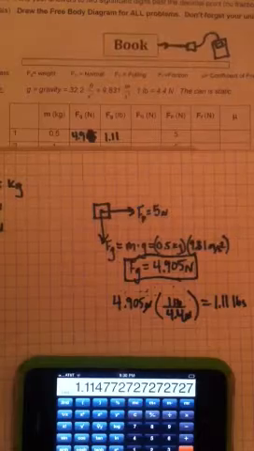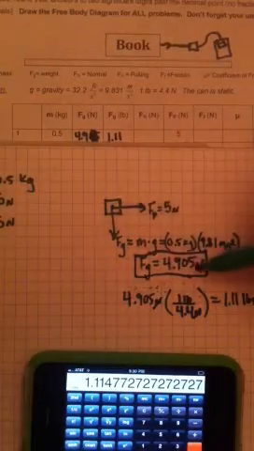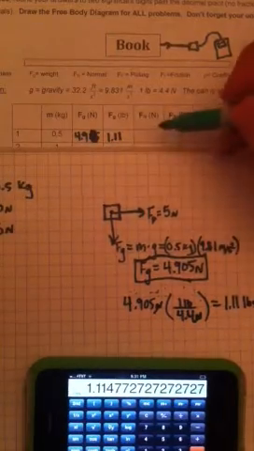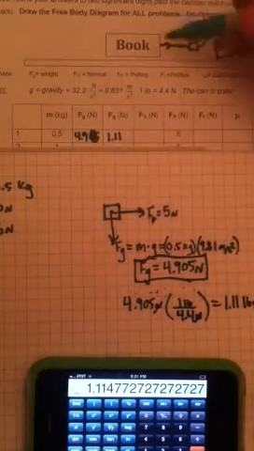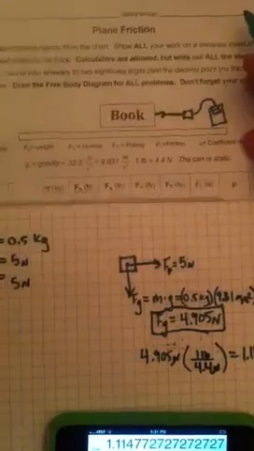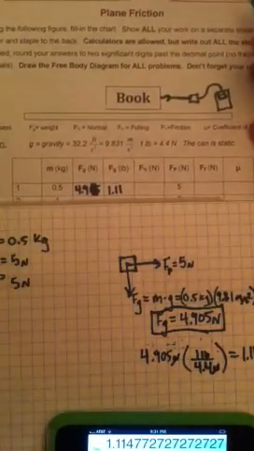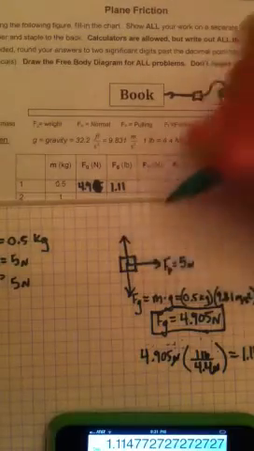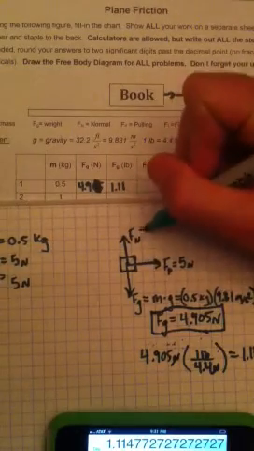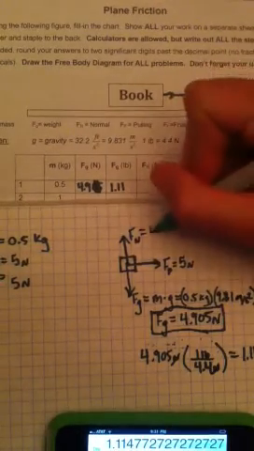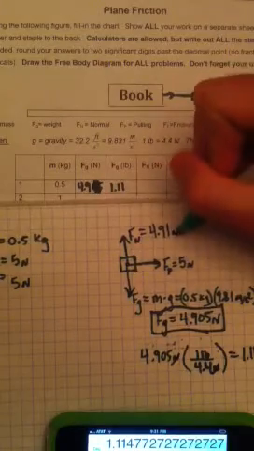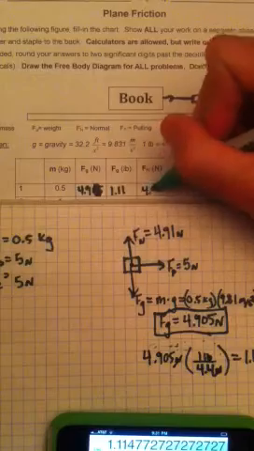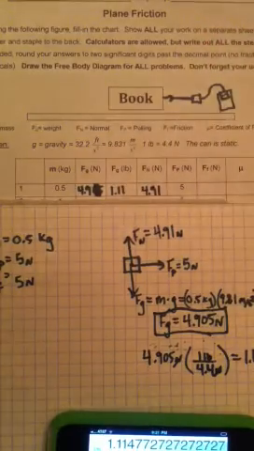So I'm going to go back to my sheet, 1.11 pounds. Okay, so if I have a force of gravity of 4.905 newtons, our normal force is the table pushing back up. Since this block that we've got here is not moving up, not moving down, it's not accelerating, we can assume that the vertical forces are balanced. The normal force therefore must also be 4.91 newtons. So we can plug that number in, 4.91.